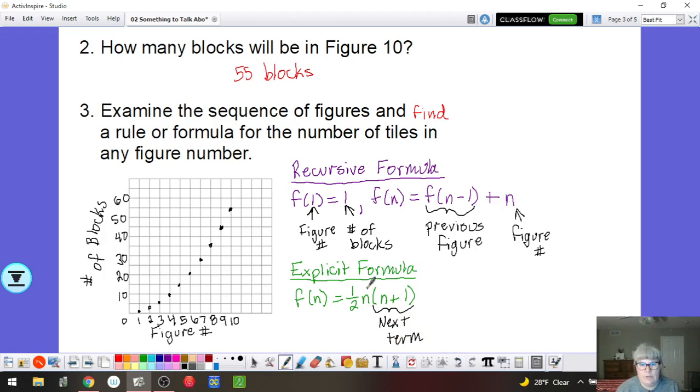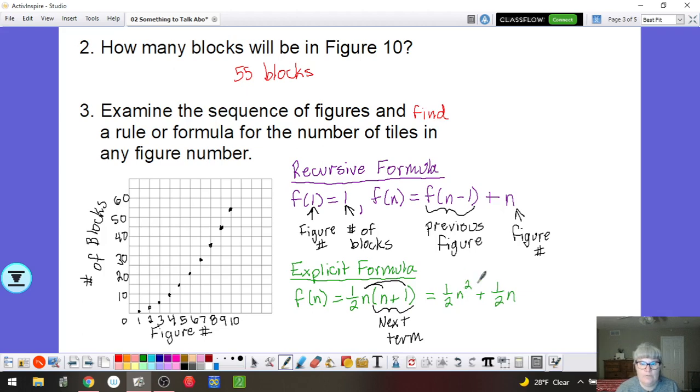Now I can also distribute this and have an equation that looks like 1/2 n squared, because n times n is n to the power of 2, plus 1/2 n.